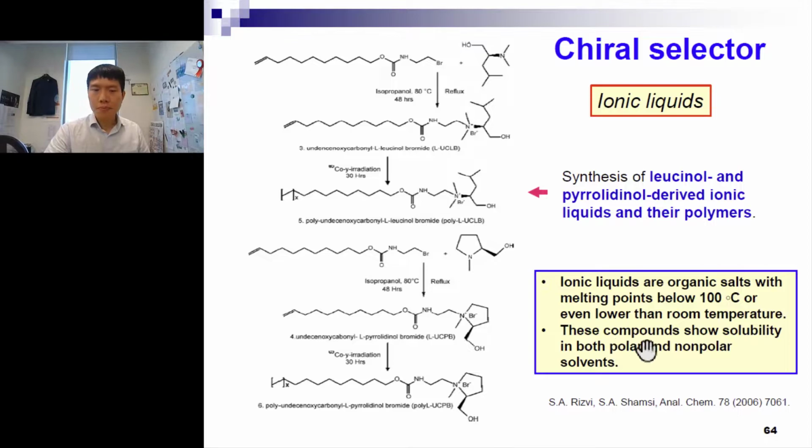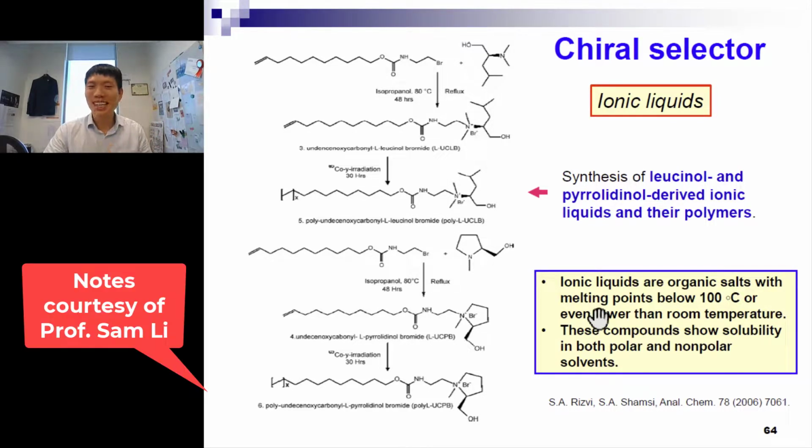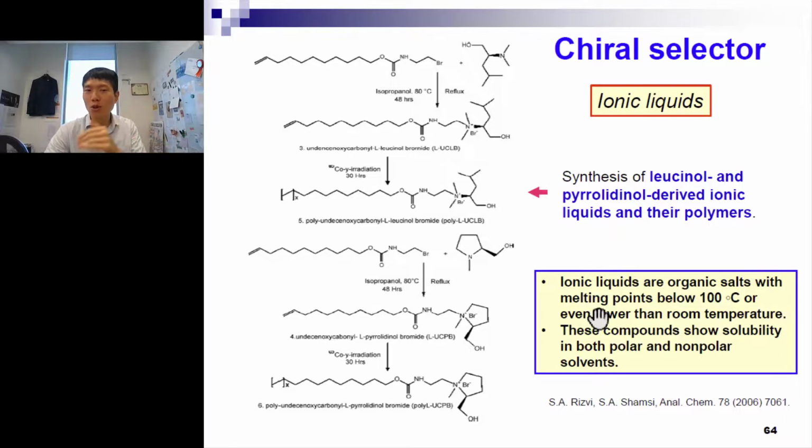So therefore, it is ionic, but yes, a liquid. The good thing is that it shows properties of both a simple covalent structure and an ionic structure. But what we want them for is really as a solvent. It is stable and shows solubility in both polar and non-polar solvents.